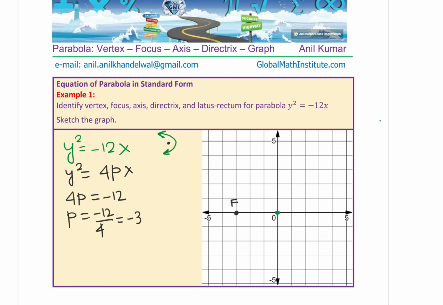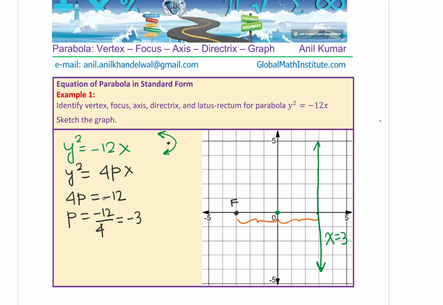So since this distance is going to be same between the vertex and the focus, that will be at 3, correct? So directrix will be a vertical line as shown here, and the equation of this will be x equals to 3. Perfect. So that is how you get the value of directrix also.